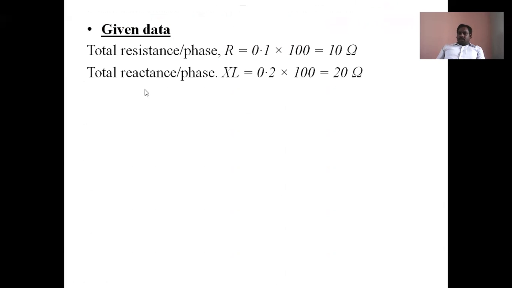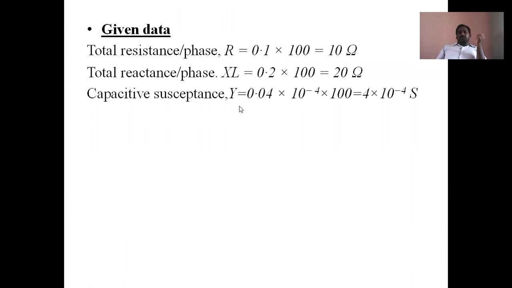So, given data. Total resistance per phase is 0.1 into 100, that is 10 ohms. Total reactance per phase XL is 0.2 into 100, since it is a 100 kilometer medium transmission line; the per kilometer value is converted to the total length. Then capacitive susceptance Y is given like this.